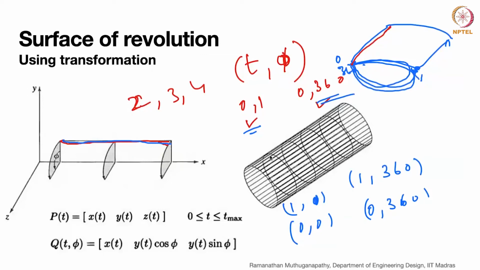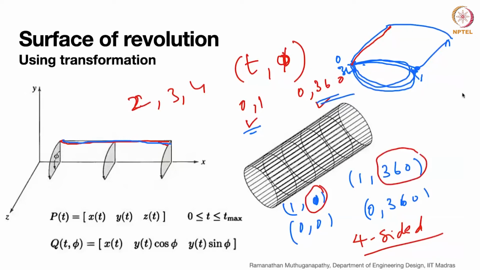So this is also a four-sided patch. Even though we don't see all the four sides explicitly, you can see that phi varies from 0, which is one boundary curve, and then goes to 360, where the other boundary curve is. Then you still have four sides here. If you look at the parameters, you have 0 as one boundary and 360 as another, in terms of phi.